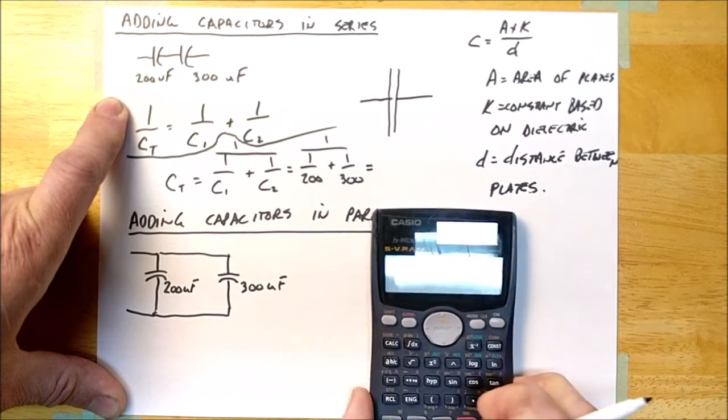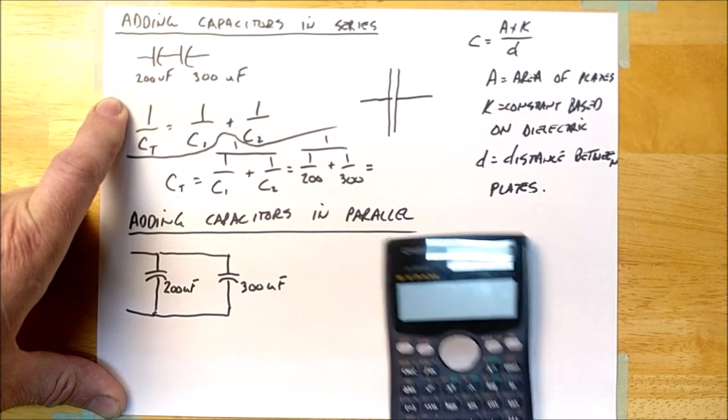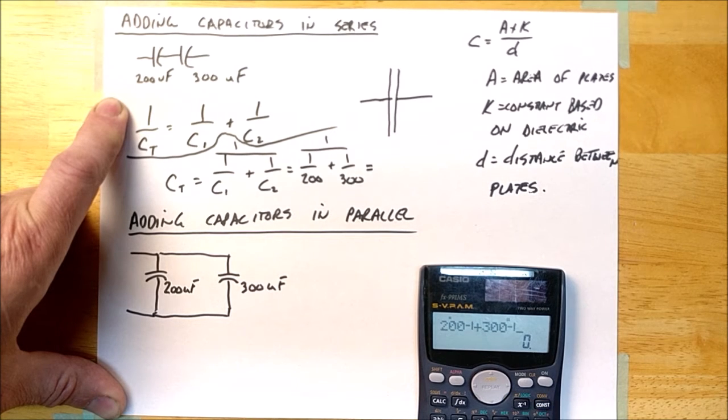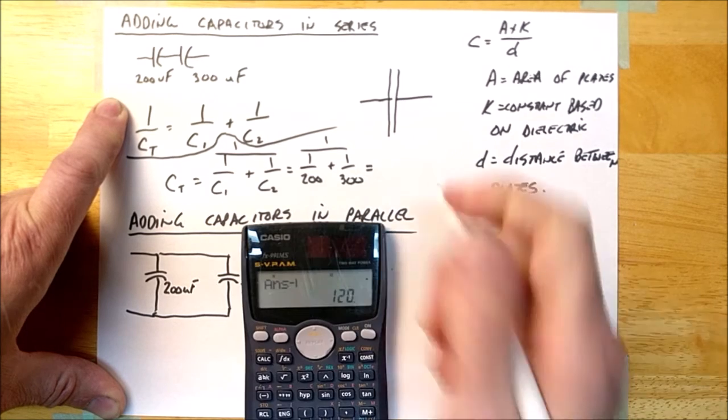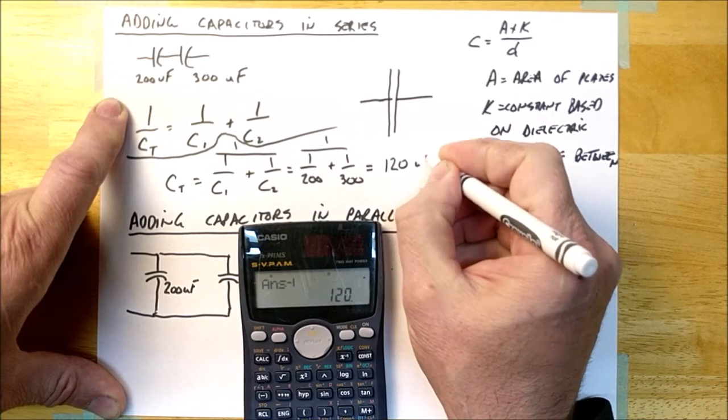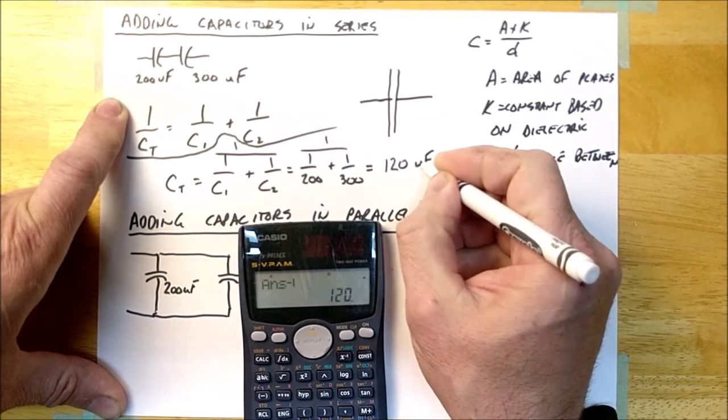And I'm going to use the 1 over X button to figure that out. I'm going to simply type in here 200, hit 1 over X, plus 300, hit 1 over X, hit equals, hit 1 over X, hit equals, and we can see that the total capacitance of these two is 120 microfarads.